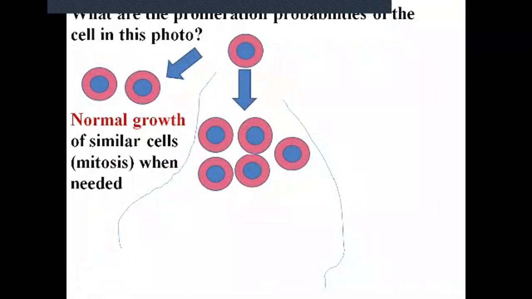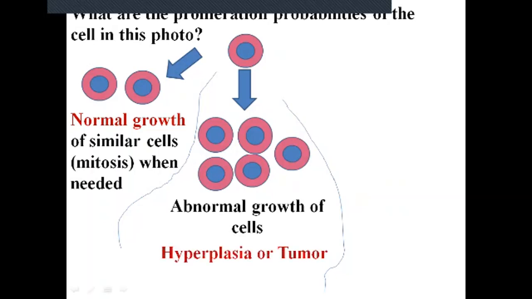Another possibility is that the cell gives higher number of daughter cells that are similar to some extent to the original cell. And this is a tumor, right? We just described something like that. But there is another option. Another option is called hyperplasia.